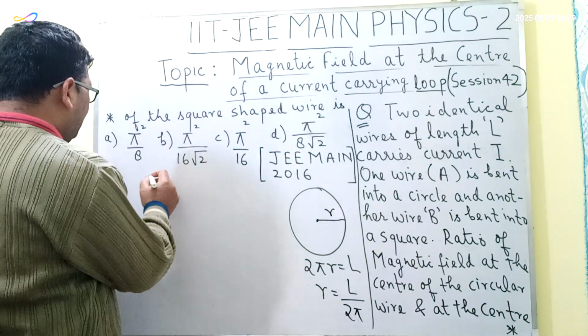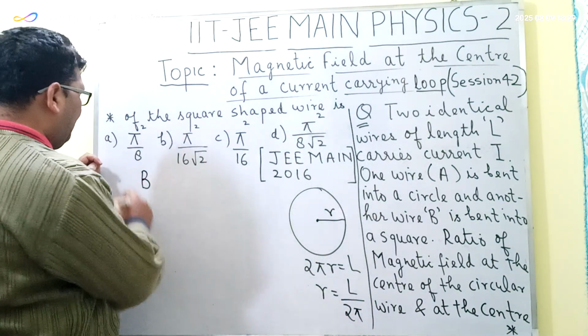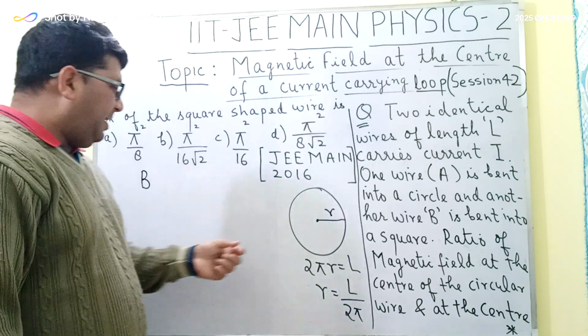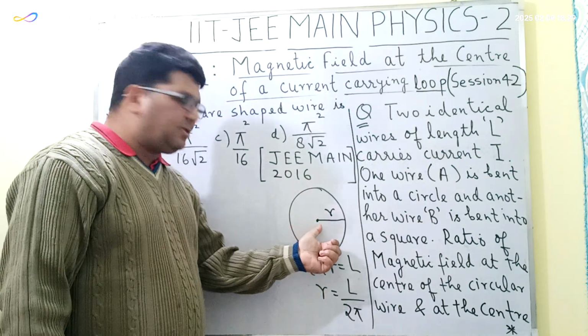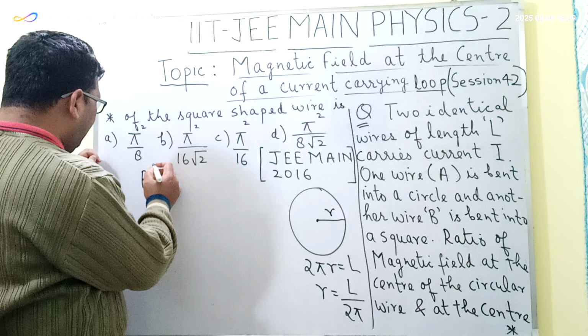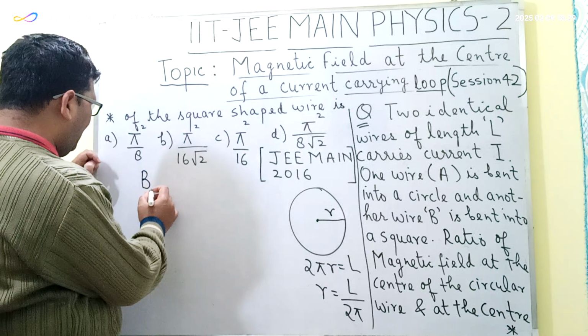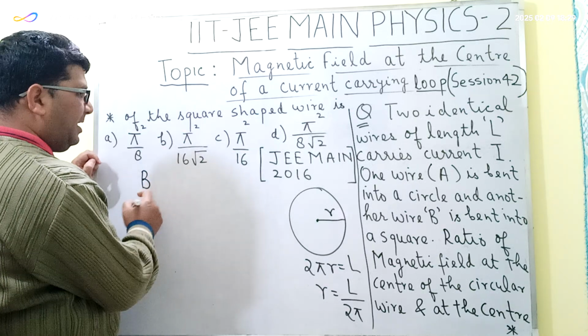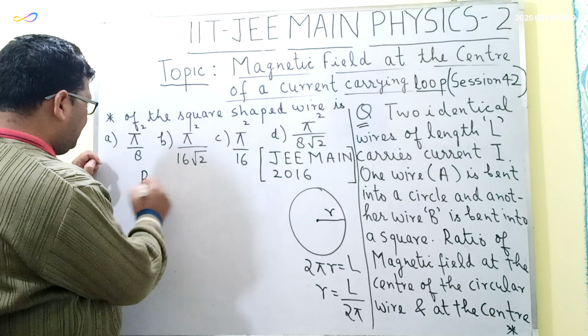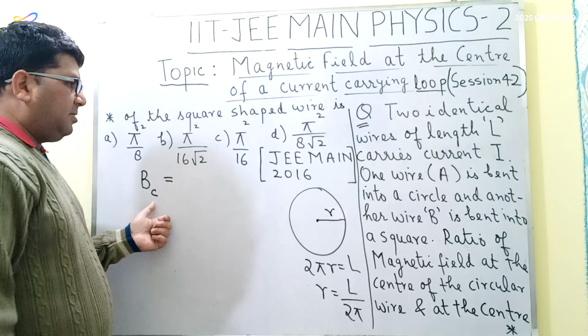Now the formula for the magnetic field at the center of a current carrying circular wire is given by, I am just depicting it here as B C. C means circle.